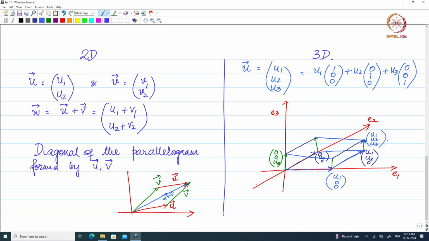If you look at it, it is like a diagonal segment of your rectangular prism. The resultant vector u1 u2 u3 is the diagonal segment of a rectangular prism.